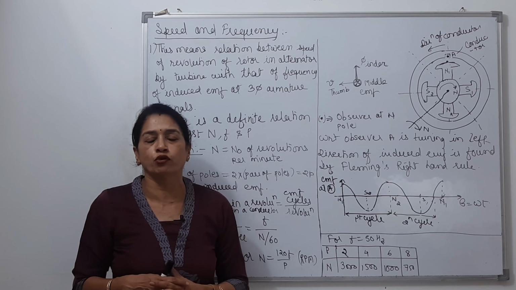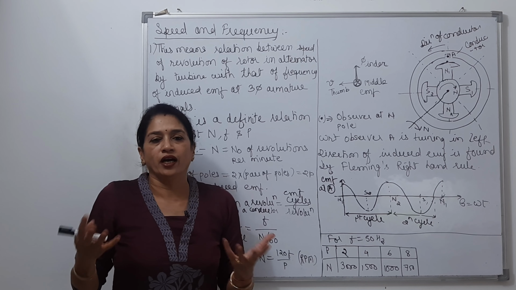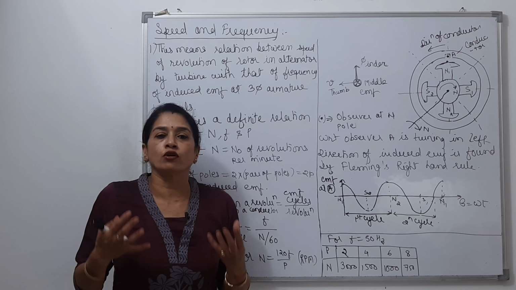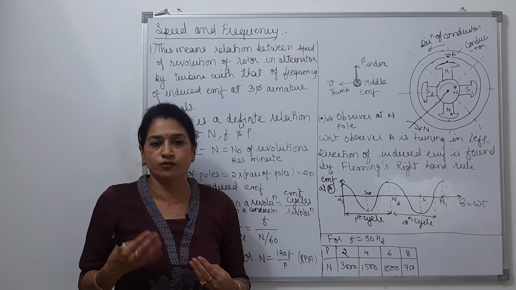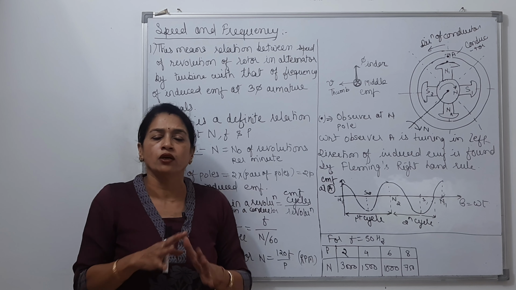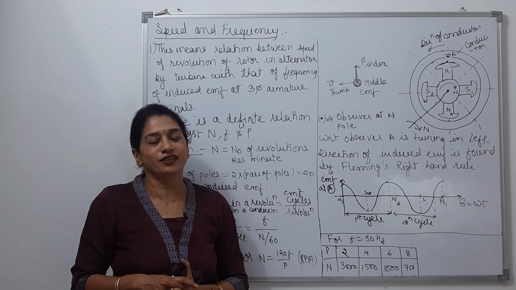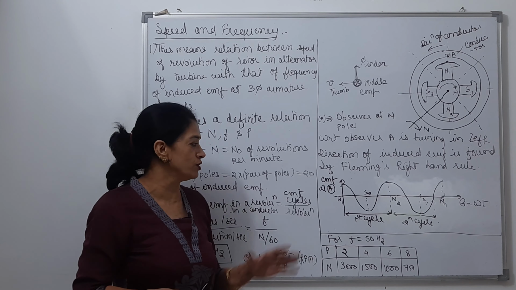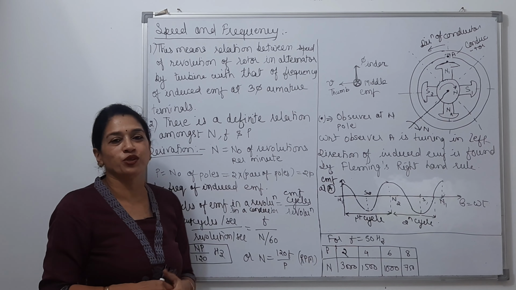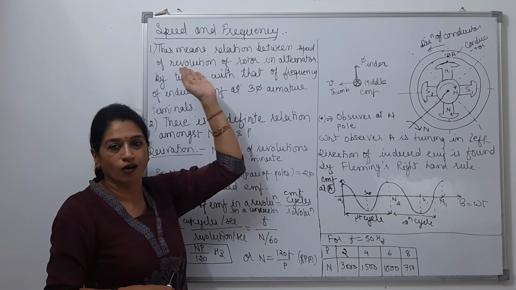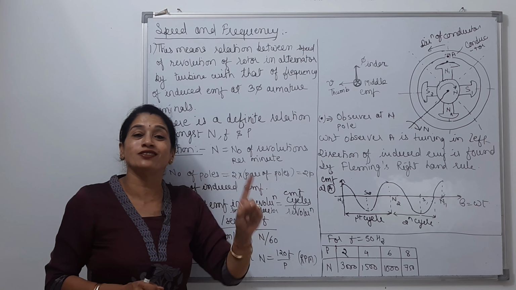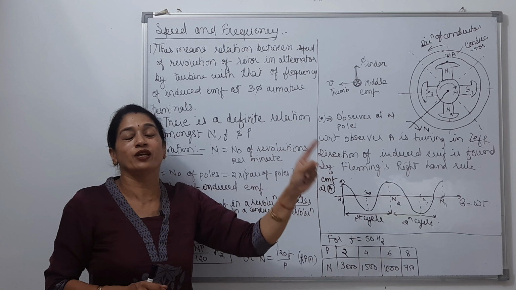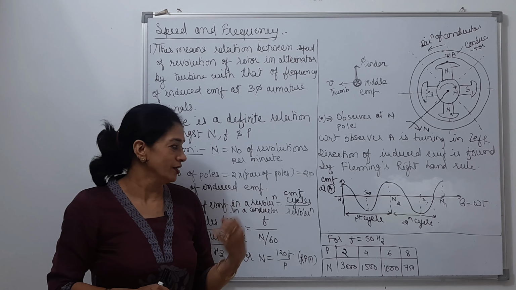And high speed and low speed also depend on the strength of the rotor. Its mechanical strength also matters. All these things I'll take up later in the forthcoming videos, but today I want to explain the relation between the speed of the turbine rotating the rotor and the frequency of the EMF being induced across the armature winding.